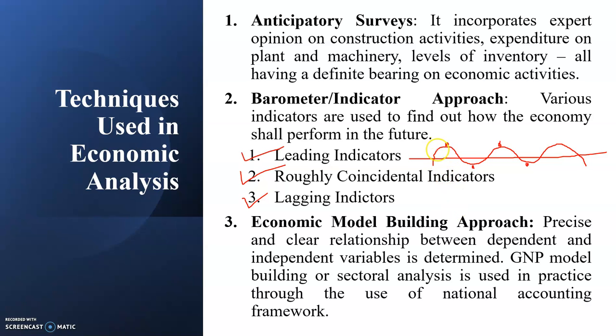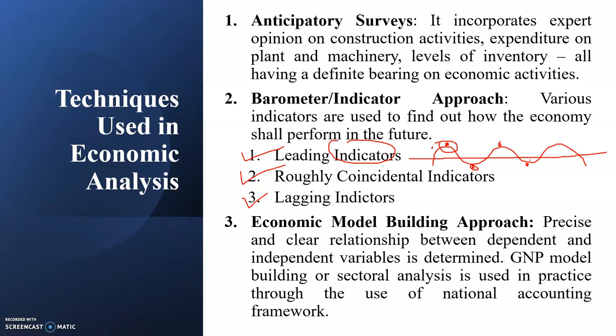Before the economy reaches its highest point, the leading indicators will reach it earlier. Or if the economy is going down, the leading indicators will reach the low point earlier than the actual economy. That means certain aspects of the economy will reach this point earlier than the entire economy at large. These are called leading indicators.